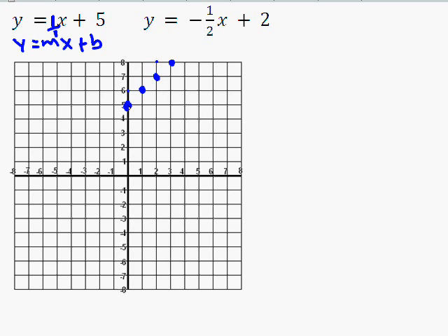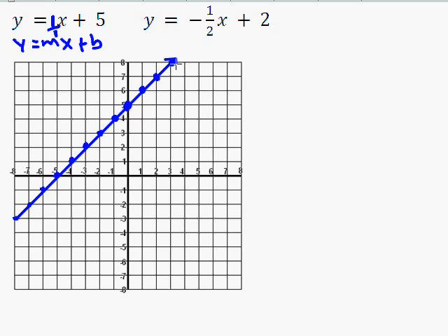I'm also going to go back to the y-intercept, and I'm going to go down 1 to the left 1, because that's the opposite direction, and it still creates the same straight line. So down 1, left 1, and so on until I get to the end of the graph. Then I'm going to connect all of my dots with a straight line.